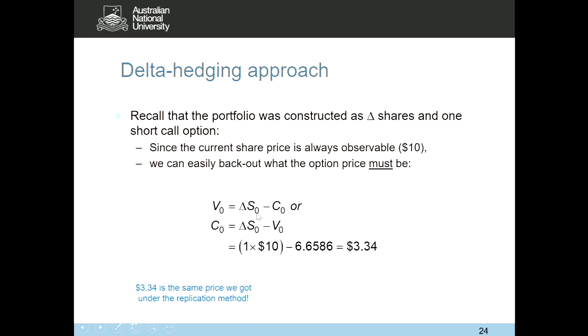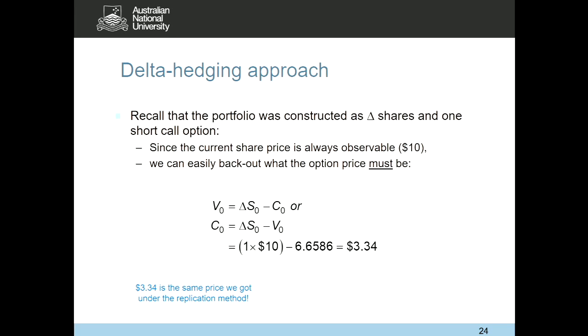So if we rearrange this equation, the call option is simply equal to delta S minus the present value of this portfolio. So the current share price is 10, the present value of the portfolio is $6.65, and we work out the call option price is $3.34. Same answer as we got under the replication approach.